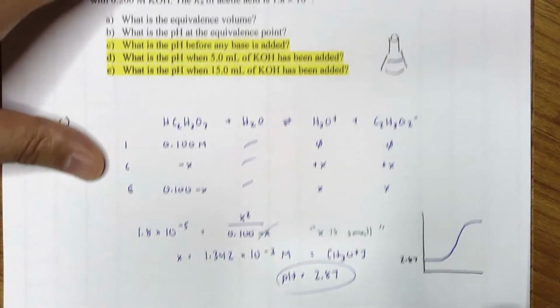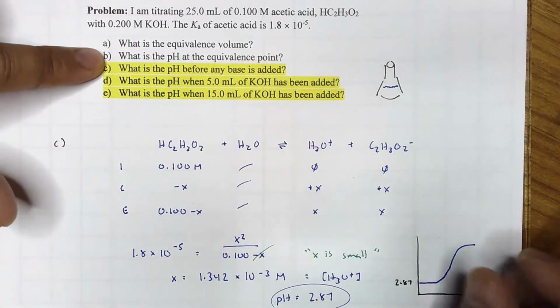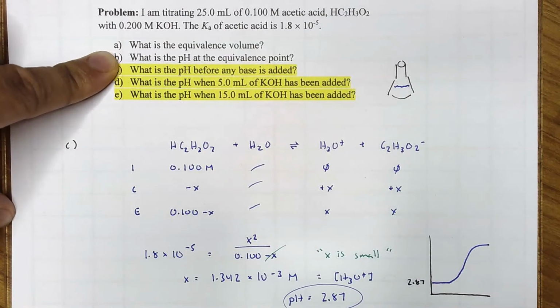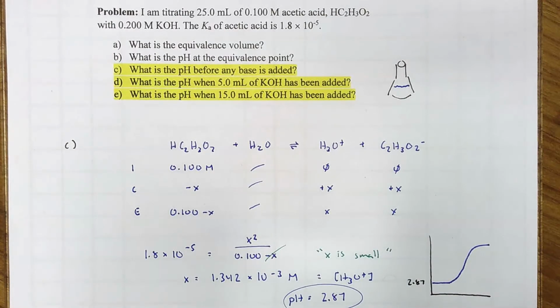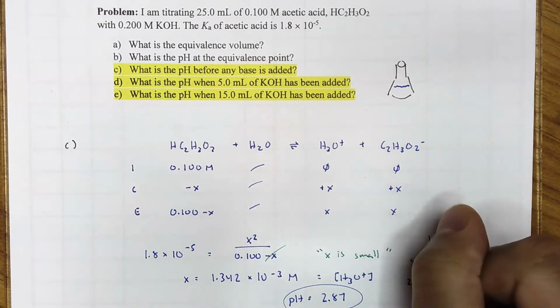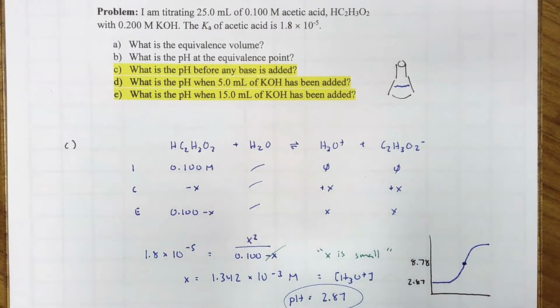In the previous video, we had already gotten the pH for the equivalence point. I think it was 8 point something. Here it is. At the equivalence, it was 8.78. I'll mark that down. But do you see what other points they want?